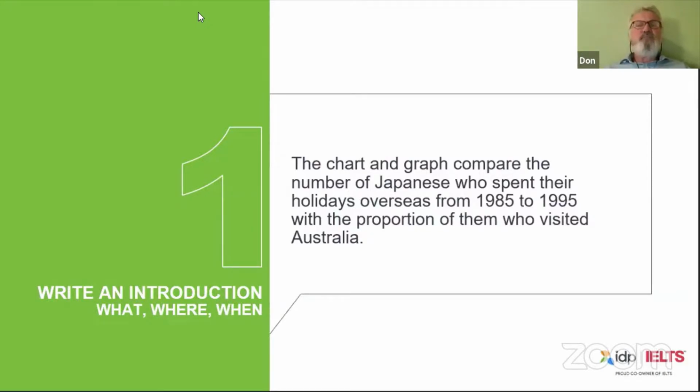It talks about the proportion of them who visited Australia. It is giving the same information that we gave in the task, but expressing it in other words. This tells the examiner that this person has a good lexical resource. Remember the third criterion. Can you use words? Can you use a variety of words?